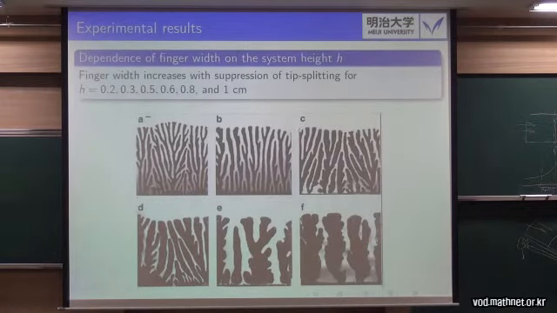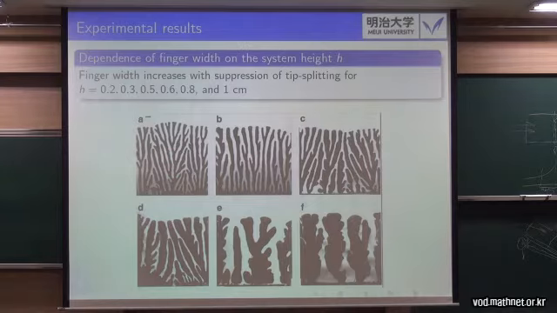The next observation is that, as I showed here, suppose we start controlling the vertical height. If we start increasing the height of this cell, it means that we are introducing natural convection into the system. So the fingers begin to increase in width.